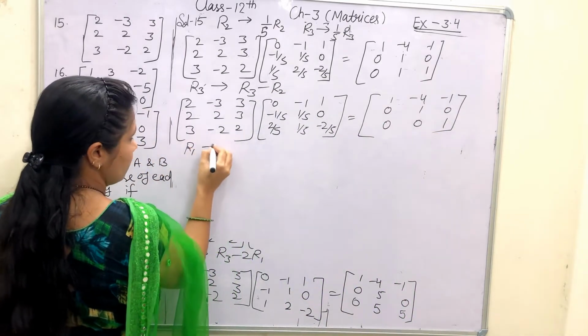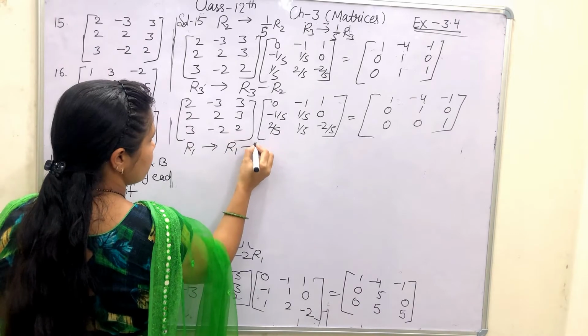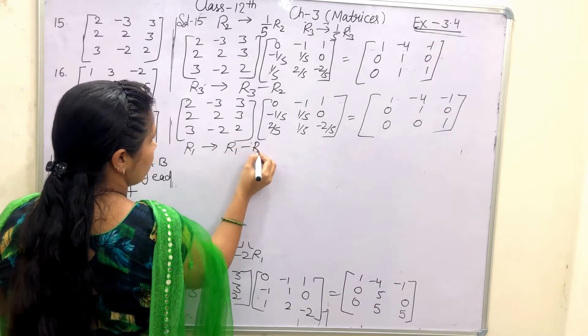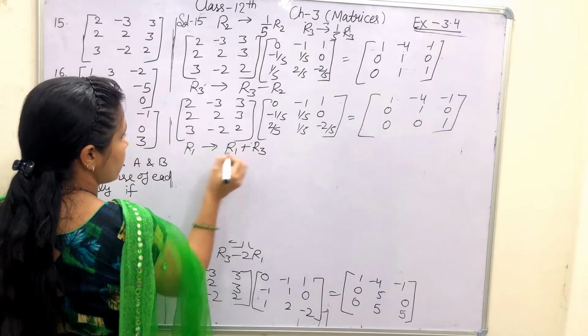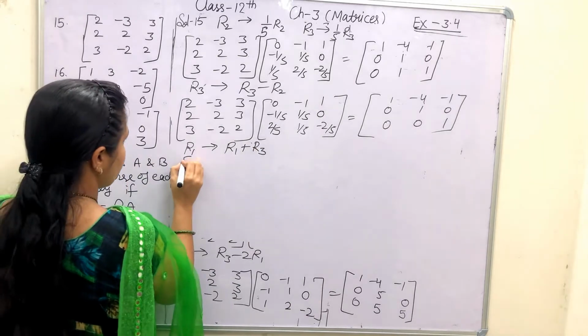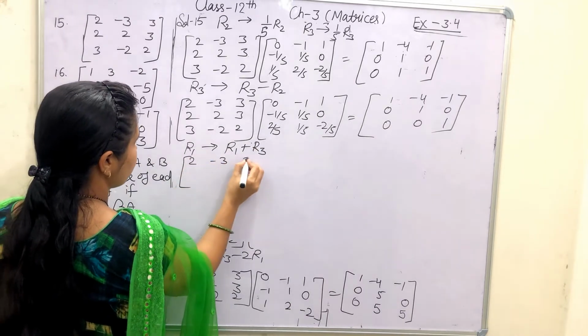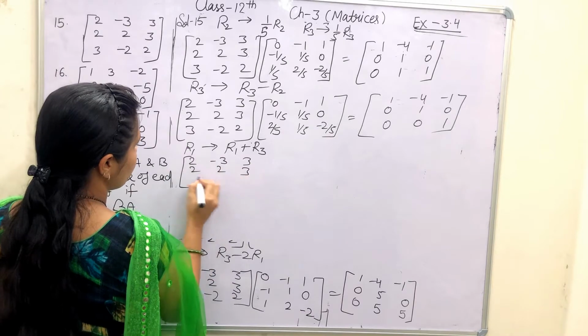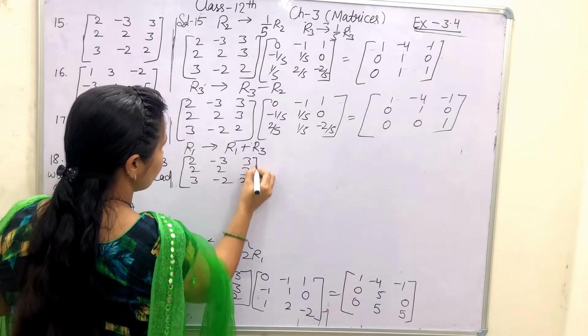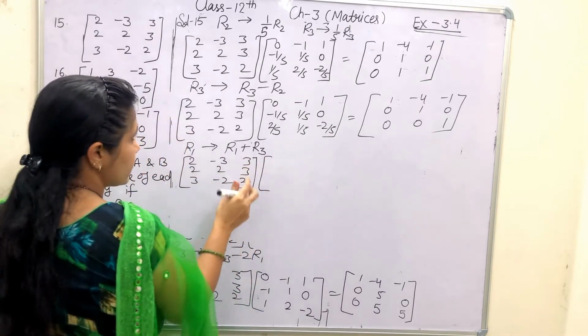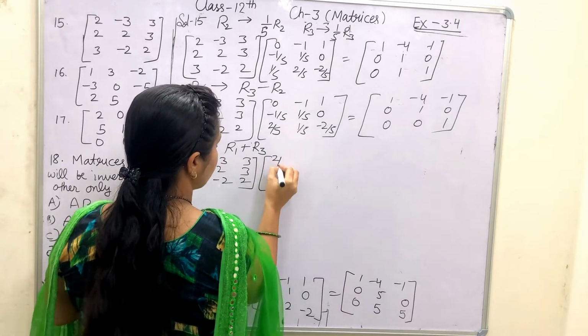Now R1 plus R3. So what we get? 2 minus 3, 3, 2, 2, 3, 3 minus 2, 2. R1 plus R3: 0 plus 2 by 5.